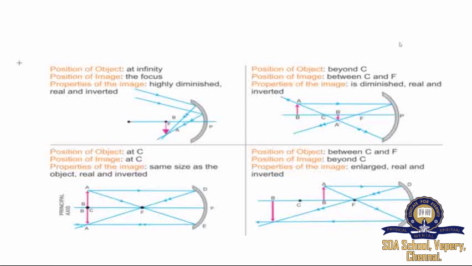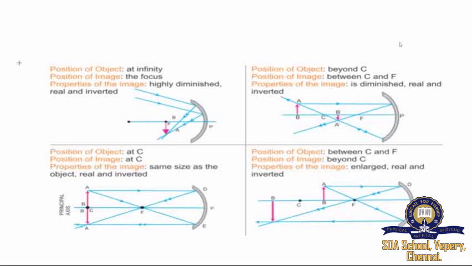If the position of object is at C, the position of image is at C, then the properties of the image is same size as the object, real, inverted. If the position of object is between C and F, the position of image is beyond C, then the properties of the image is enlarged, real and inverted.